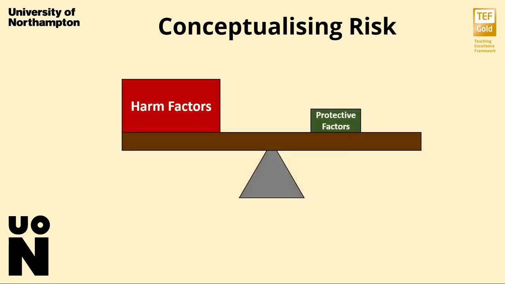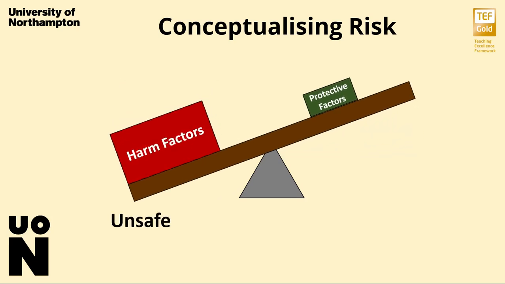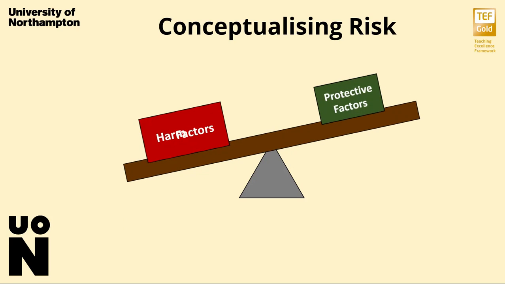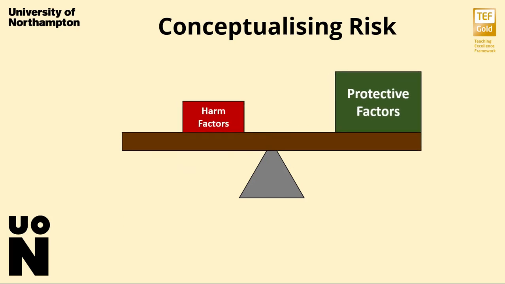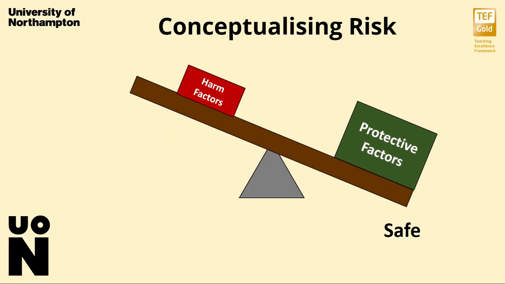So as you can see from this, when we have relatively big harm factors and relatively small or unlikely to be used protective factors, that tips the balance to make things unsafe. On the other hand, where the protective factors clearly outweigh the harm factors, we're happy to say this is a situation where things are safe.